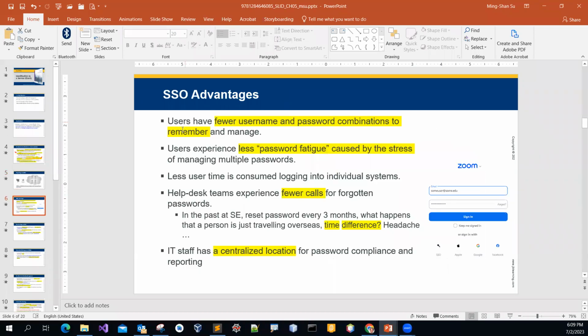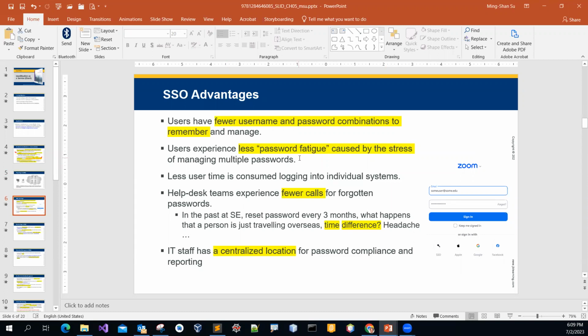And again, advantages of single sign-on. Users have fewer username and password combinations to remember and manage. And users experience less password fatigue caused by the stress of managing multiple passwords.